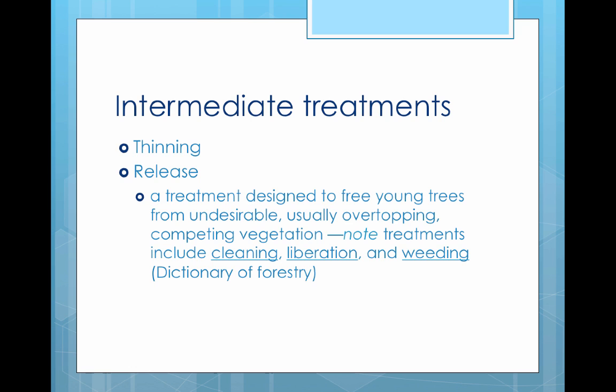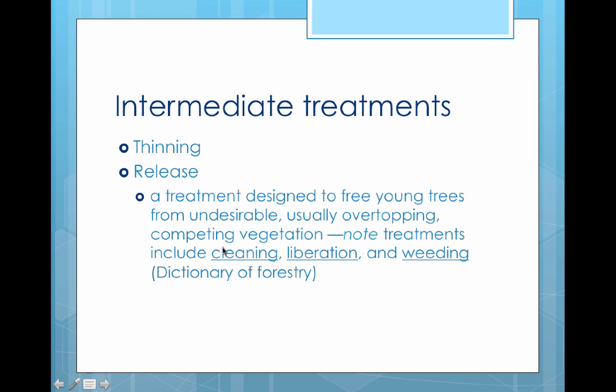So some of them, just like I mentioned, we've talked about thinning. Another part of an intermediate treatment is release. And release is pretty specific to when that's happening. So it's a treatment designed to free young trees from undesirable, usually overtopped, competing vegetation.